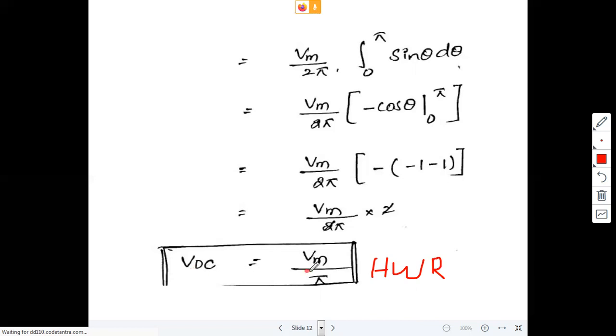VDC is equal to 1 by pi, 1 by pi is equal to 0.318 Vm. Okay. So average value or DC value for half-wave rectifier is Vm by pi. Whereas for a sinusoidal input signal, average value or DC value is equal to 0. But here it is not the case. Here the value is Vm by pi.